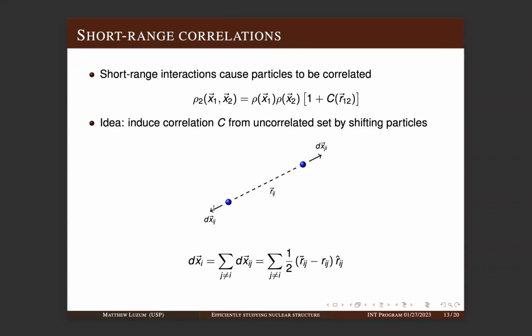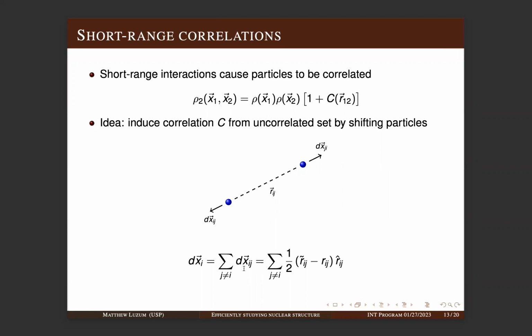We calculate all of these shifts from all the pairs before we do any of the shifts. So we calculate all the shifts that this nucleon should have based on its pairings with all the other nucleons, and then we do a vector sum of all of those shifts.